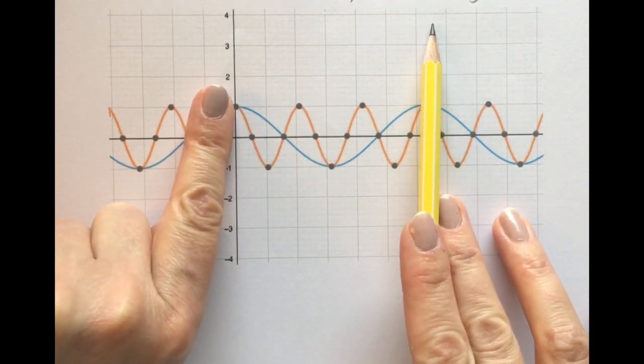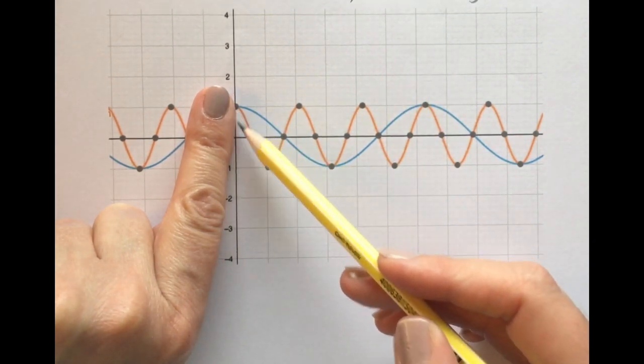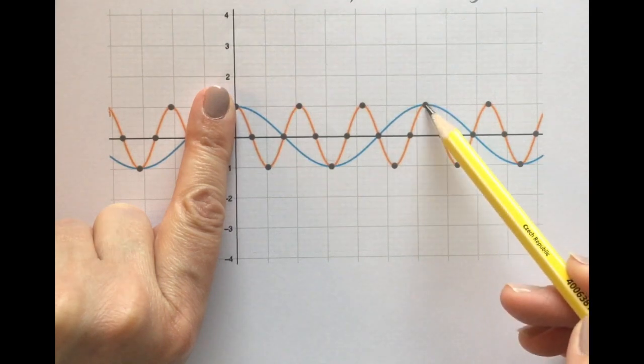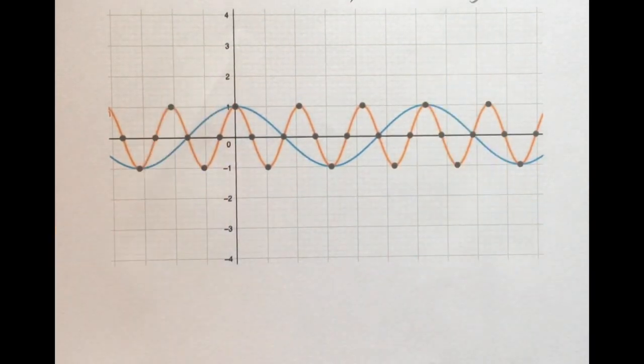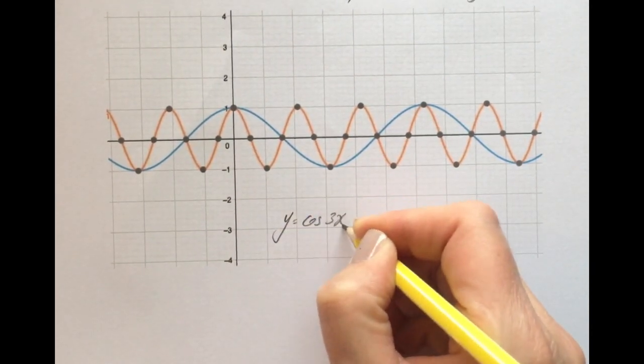There's our original period, our U shape. We can see that clearly with blue. And of course, the orange, we have now 1, 2, 3 of those original U shapes within that very same period. So it is, of course, y equals cos 3x.